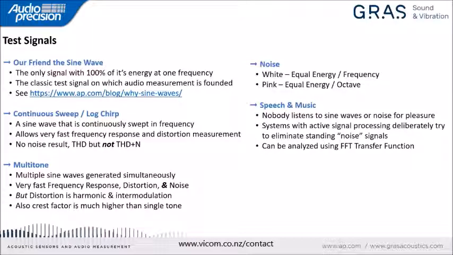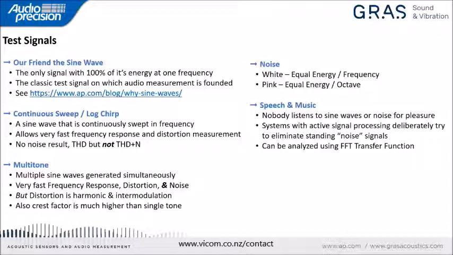Now, there are techniques that let us make measurements beyond the sine wave. Particularly for characterizing acoustic devices, a very common test signal these days is a continuous sweep or a log chirp, or you may have heard it called an exponential sine sweep.